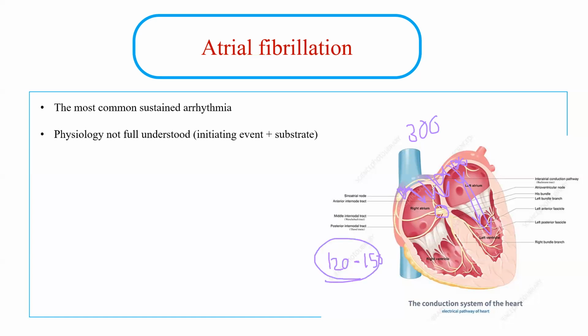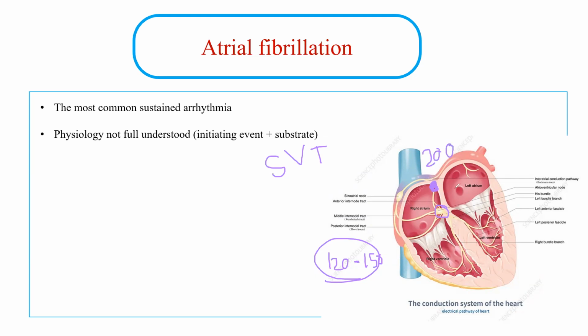Now just remember a very important thing, because this is usually very confusing. In SVT, another phenomenon happens. In SVT, we have one focus of electrical activity, let's say it's here, generating electricity at around 200.